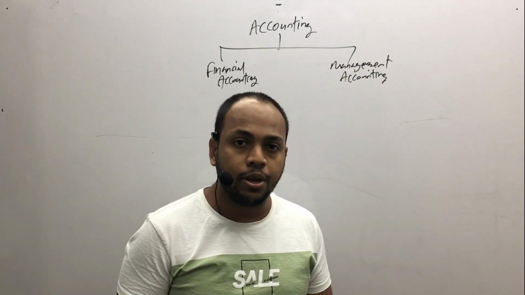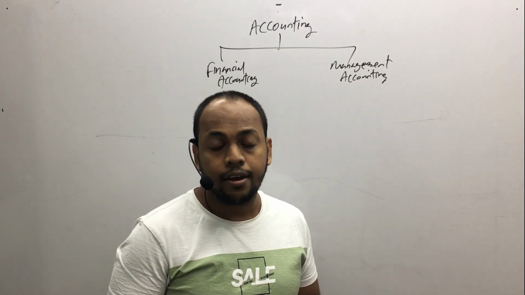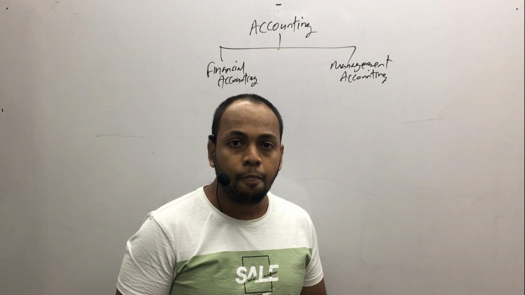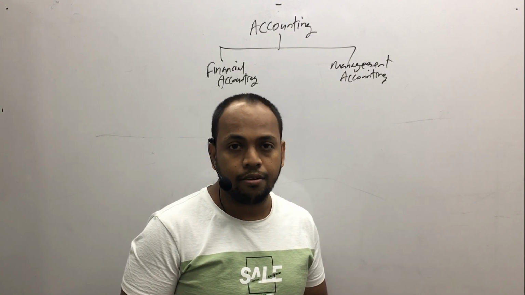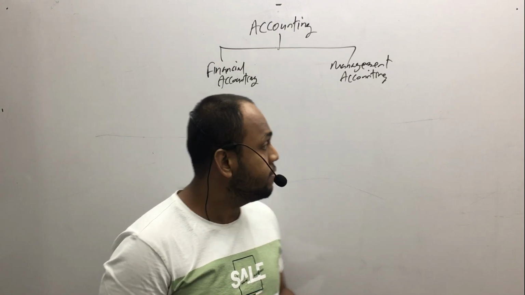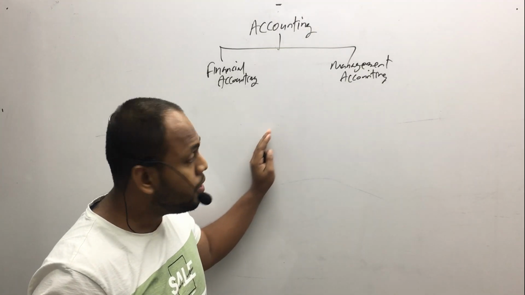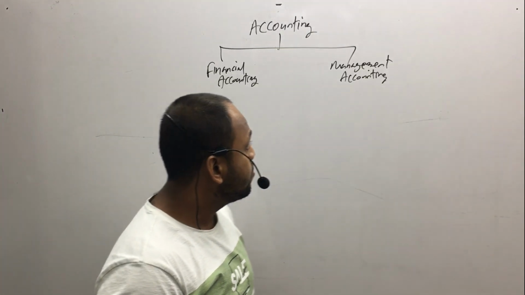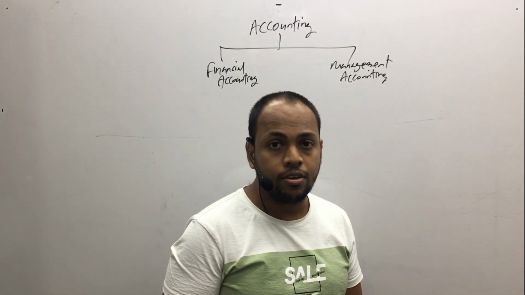So financial accounting is where we prepare financial statements for the decision making of stakeholders. It's external. Management accounting is internal, for management. So they make their decisions.